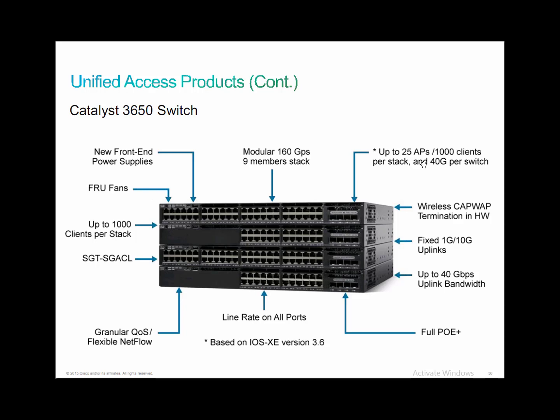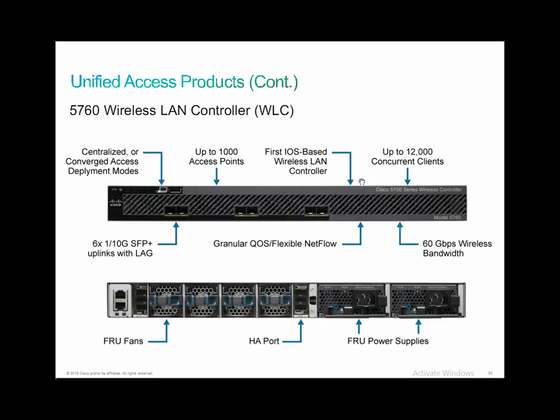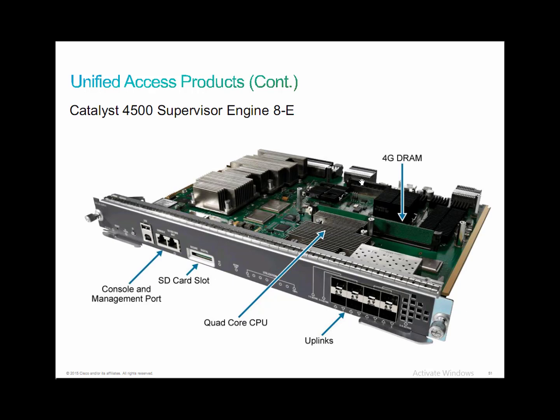If you want to look at the 4500E, which is your chassis-based switch, that's going to have the Sup 8E. That's going to bring in convergence as well. It delivers about 928 gigabits a second of bandwidth, up to 20 gig wireless throughput, 50 access points, 2,000 wireless clients on a single system, and so on.